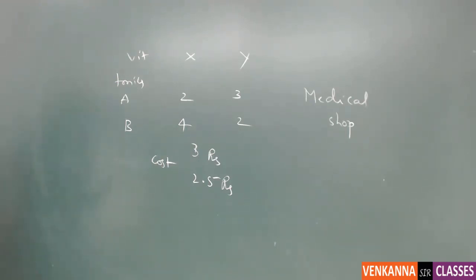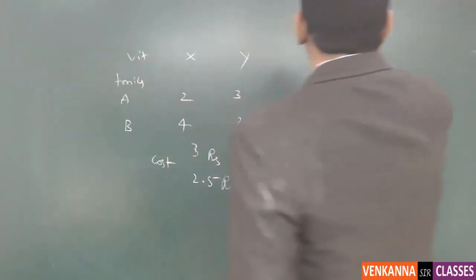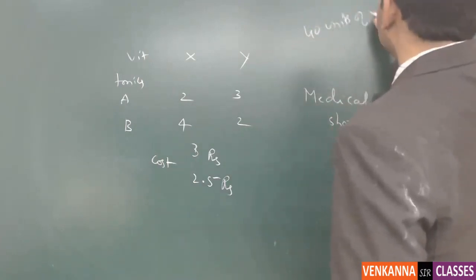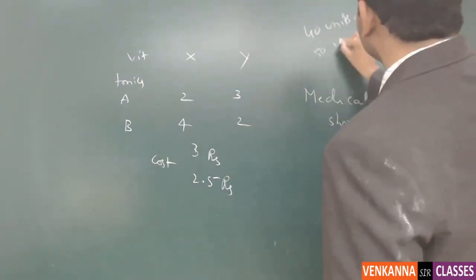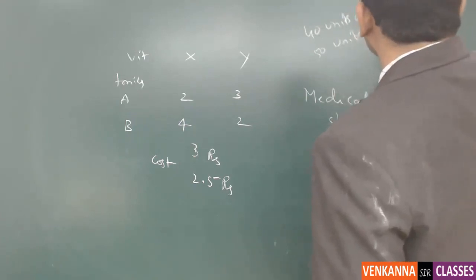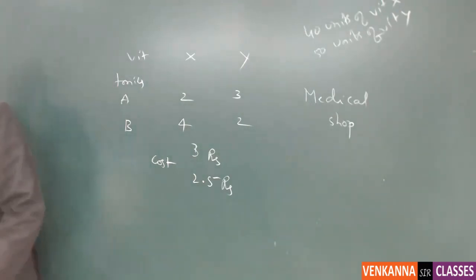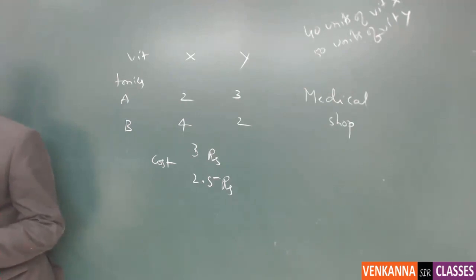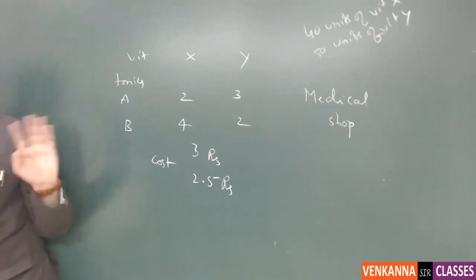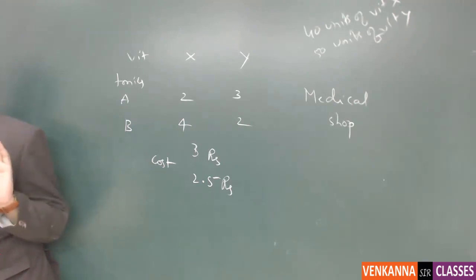And one more thing: the doctor advised to take at least 40 units of vitamin X and 50 units of vitamin Y every day. I have taken this situation to introduce the concept of dual under linear programming. Is the tabular data understandable for you? Any queries for anybody?